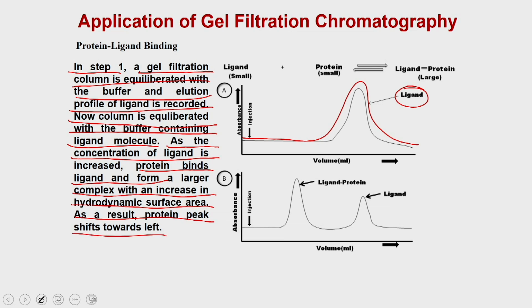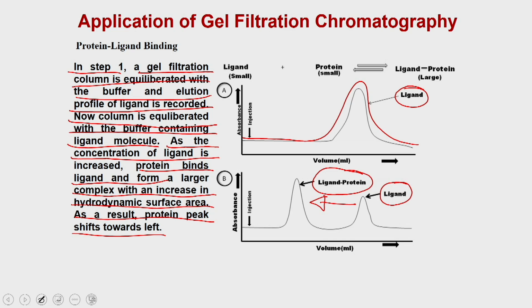You can see that when you are analyzing the ligand, it makes a separate peak, but when you are resolving the protein on a column which also contains the ligand, the protein forms a complex with the ligand, and that is how the peak is shifting towards the protein side.